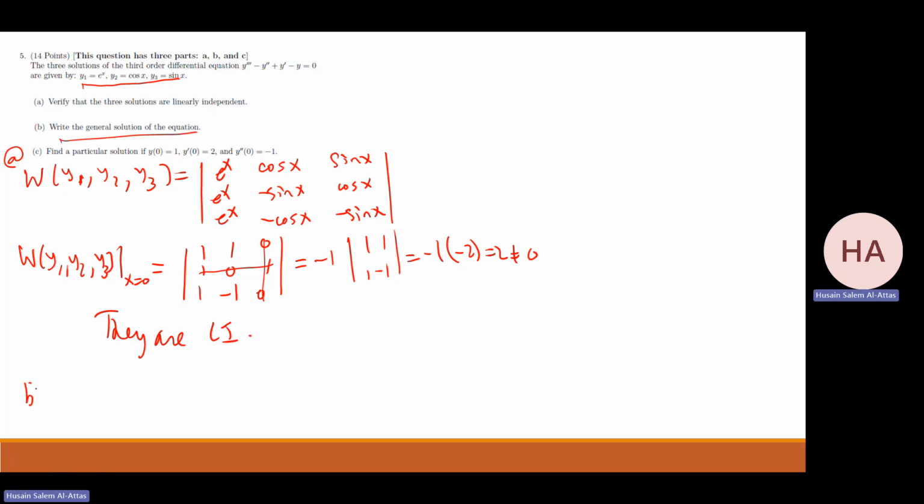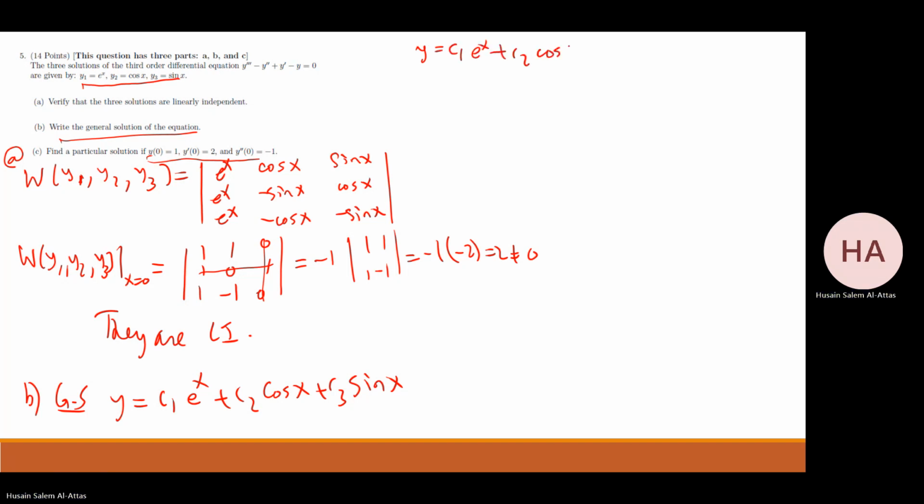Write the general solution. Since they are linearly independent right away, the general solution will be C1 Y1 plus C2 Y2 plus C3 Y3. Now he gave me conditions. So I need to find, let me put this, Y prime. Let's find Y double prime.